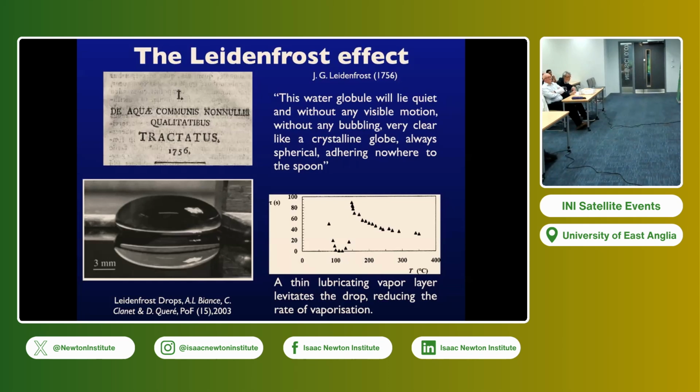But this phenomenon doesn't work for all the temperatures of the surface. Here we can see there is a threshold. Beyond that, we observe these large droplet lifetimes for water, whereas below this temperature, the droplet lifetime is smaller compared to the one that we observed above this threshold.